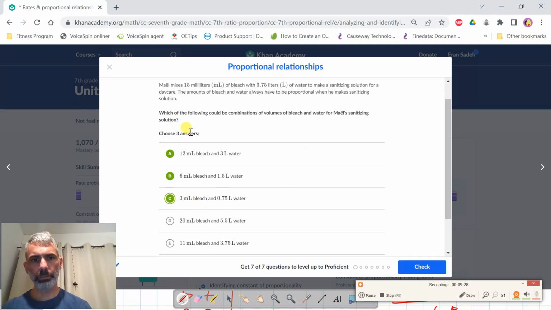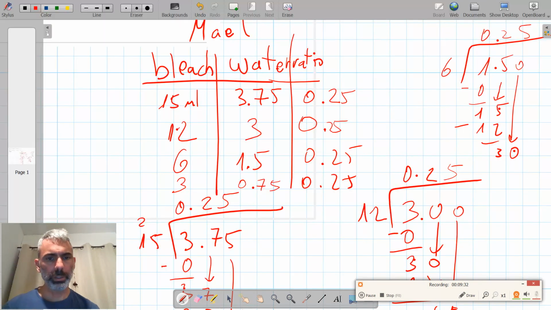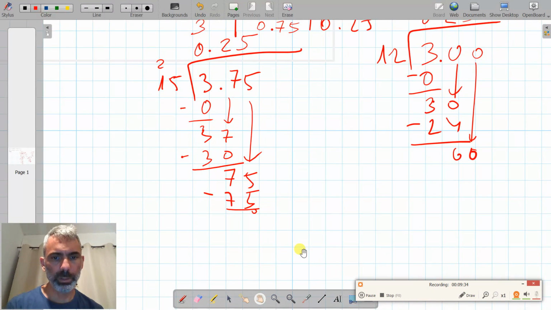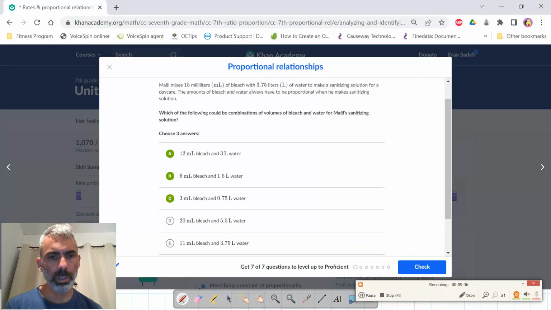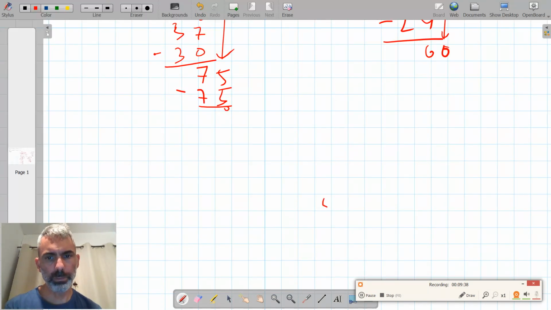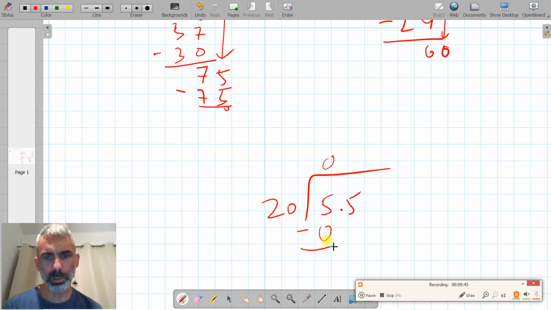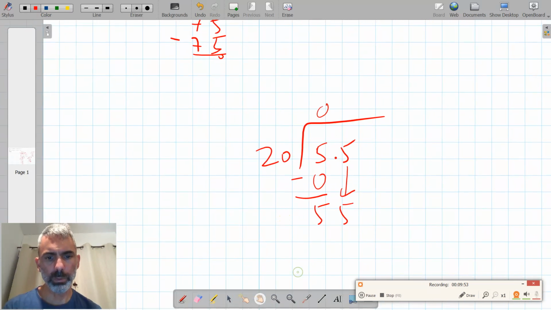So we need to find 3 answers. Let's see why these last 2 options are incorrect. Here I need to divide 5.5 by 20. 0 times 20 is 0. Bring down 5. 20 goes into 55 2 times. 2 times 20 is 40. 15 left.